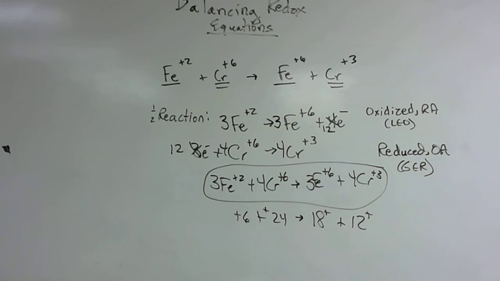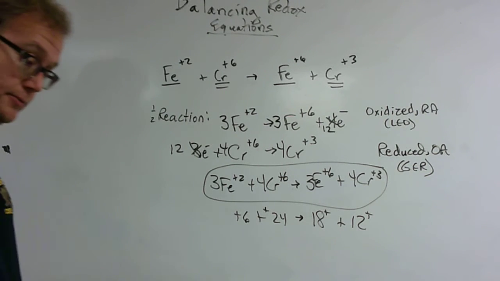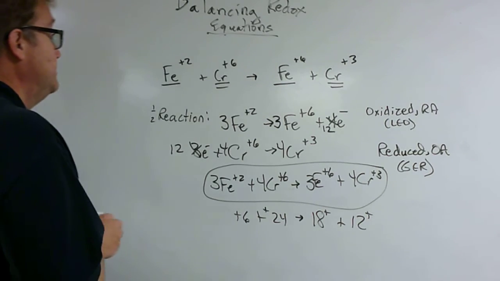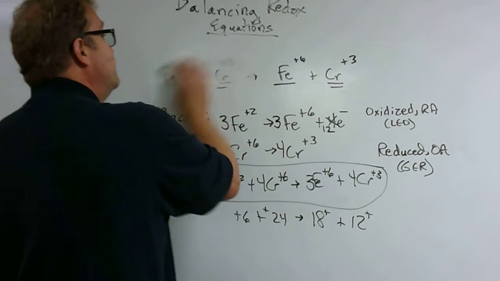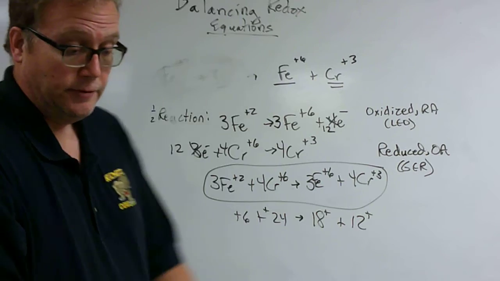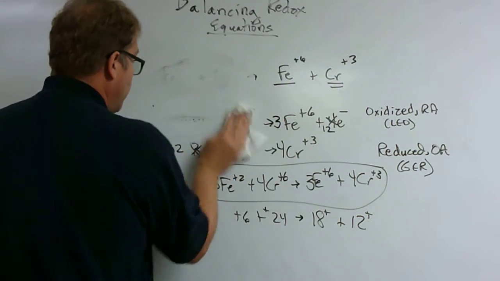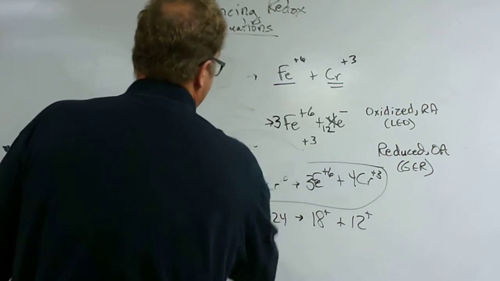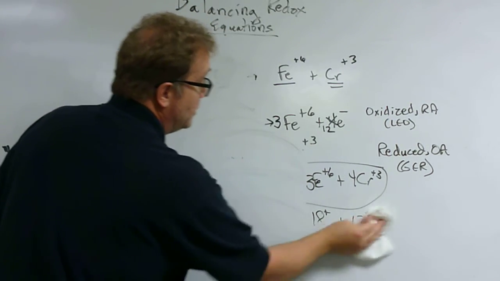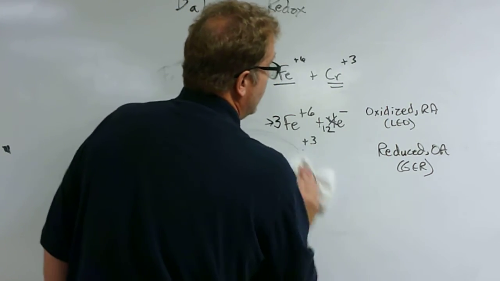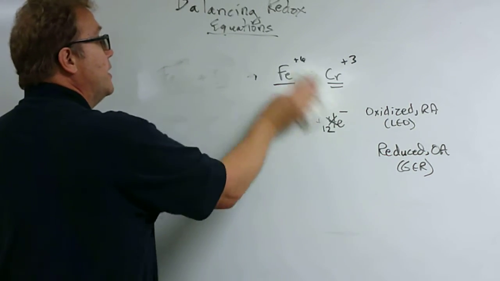And if you equal both sides, you got 30 positives on both sides. So again, you got to go through the process. It's going to get to the point where you're not going to be able to just manipulate numbers in order to get these things to balance out on both sides.